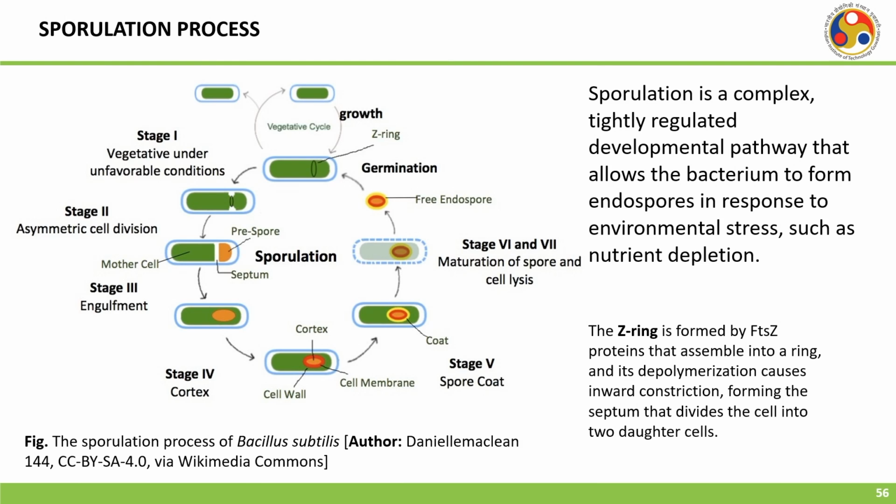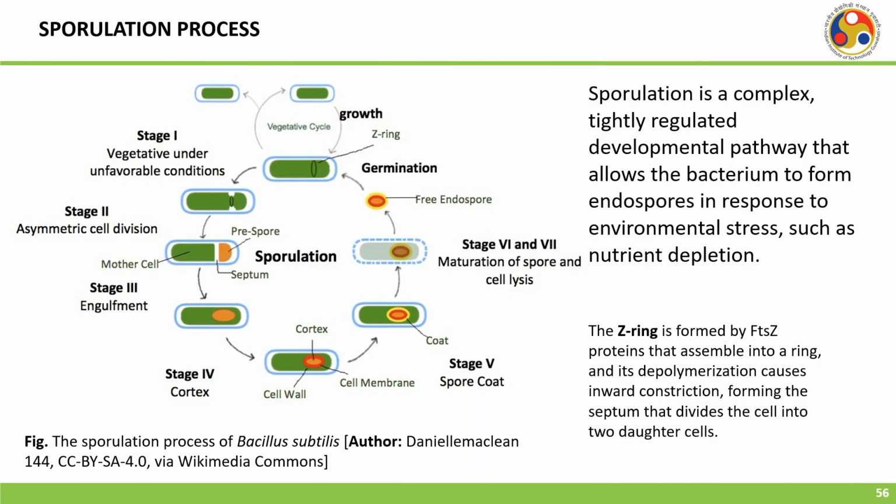This entire process, known as sporulation, is very complex and a tightly regulated developmental pathway that allows the bacterium to form endospores in response to environmental stress, for example, nutrient depletion or scarcity of food.